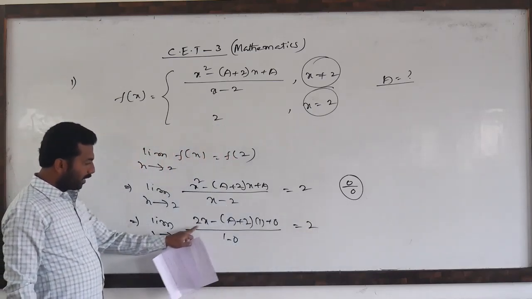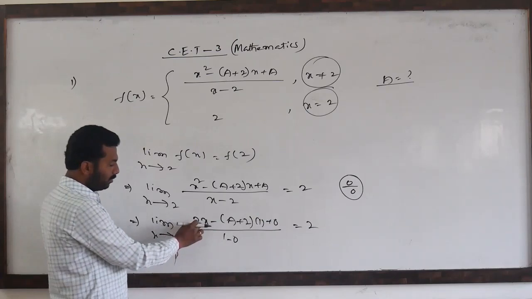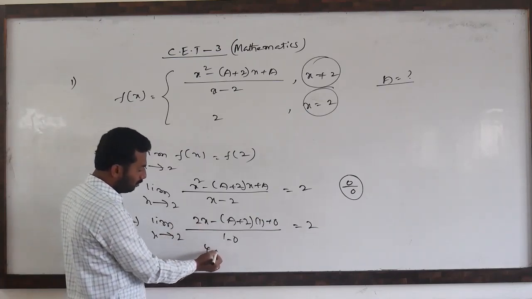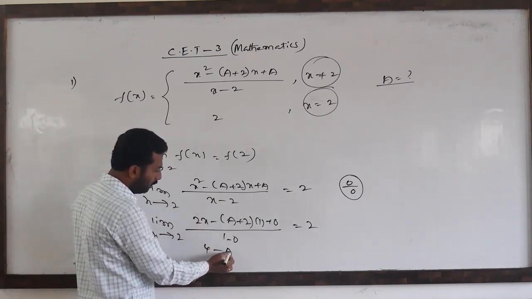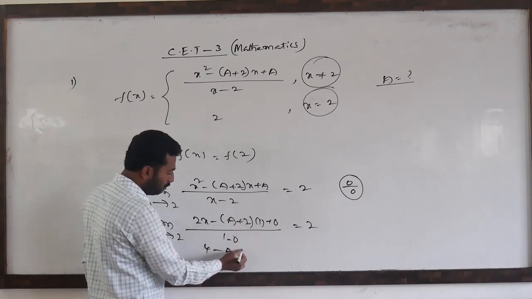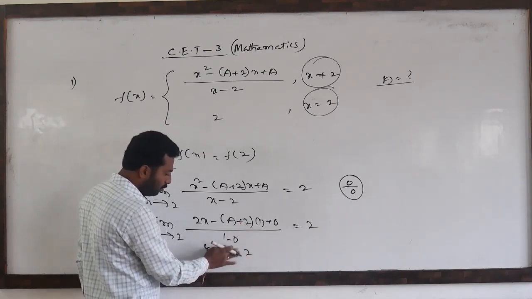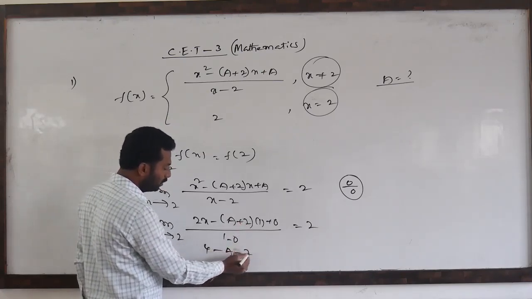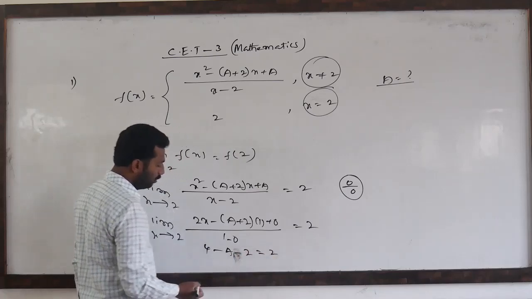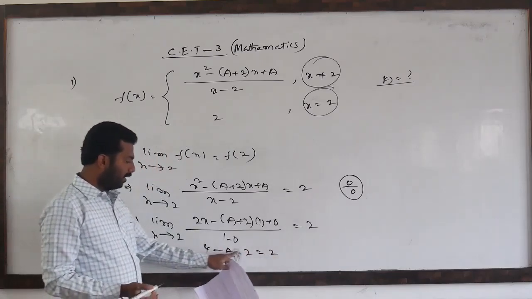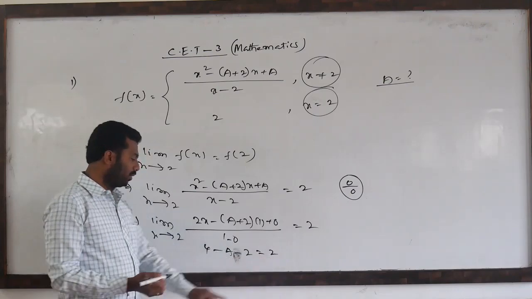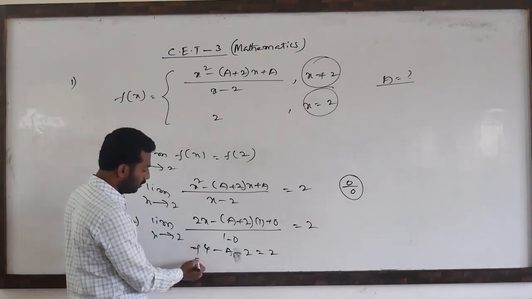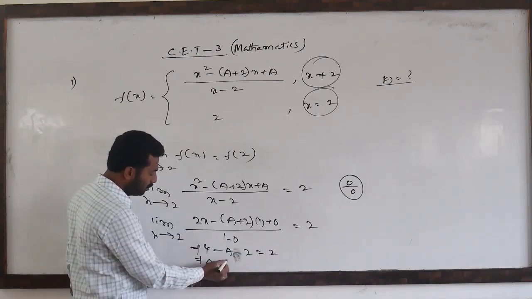If we substitute x equal to 2, this will be 4 minus (a plus 2), equal to 2. So 4 minus 2 is 2, again 2 cancels, so from this a equal to 0.